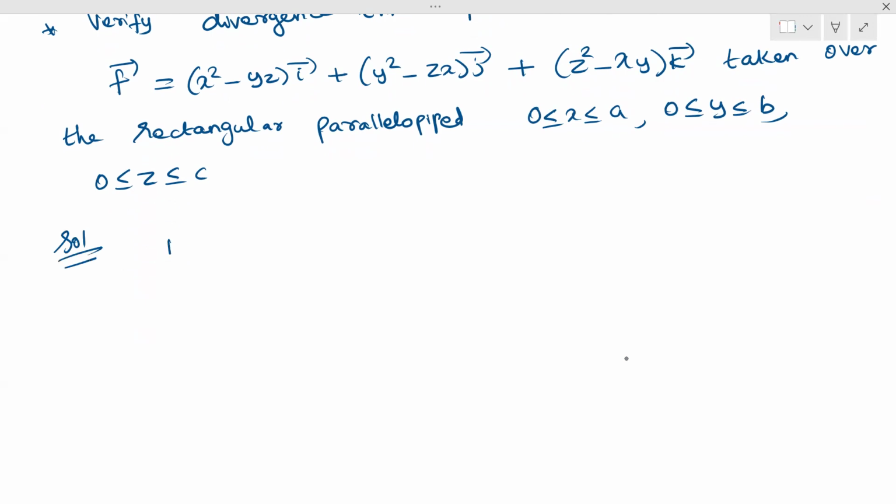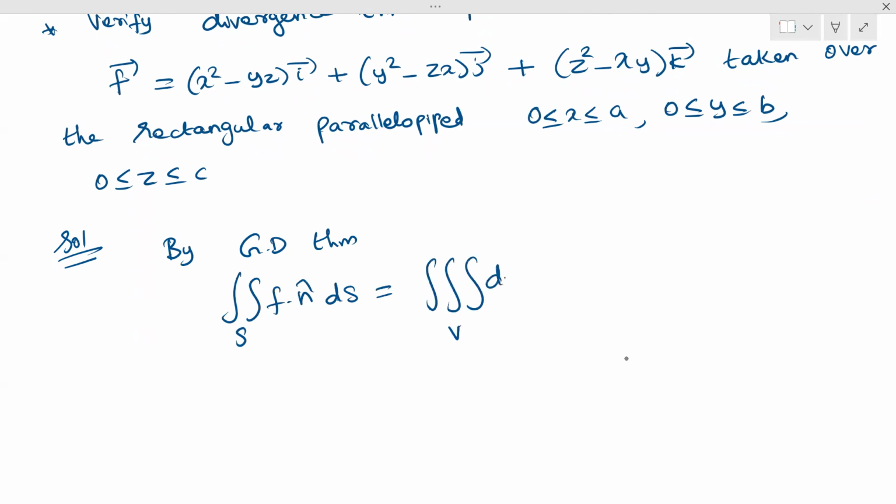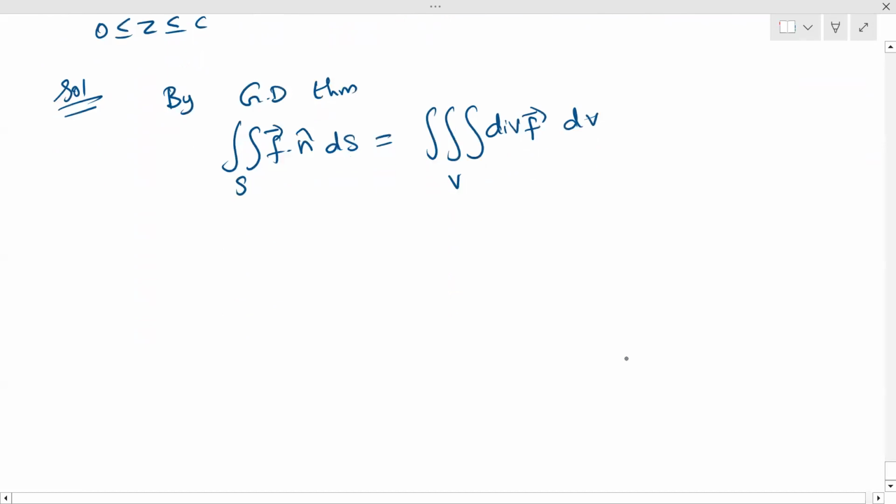Okay, first we write the statement of Gauss divergence theorem. The statement is: integral over S of F dot n cap dS equals triple integral over V of divergence F dV.